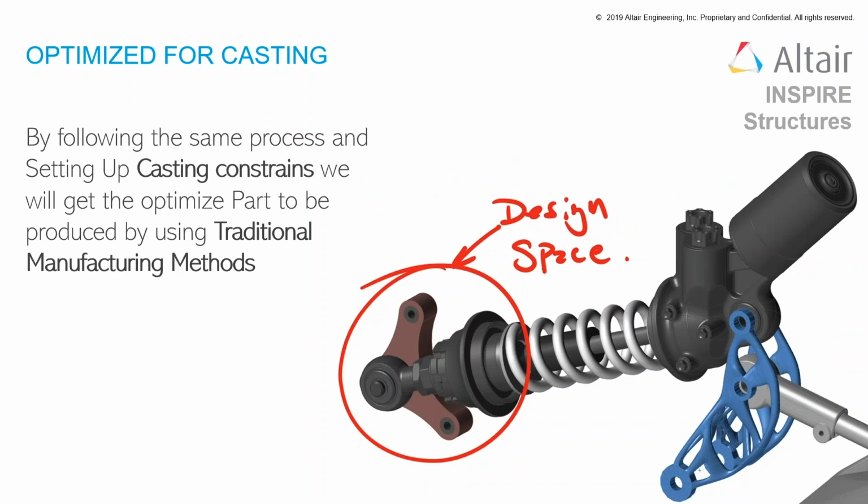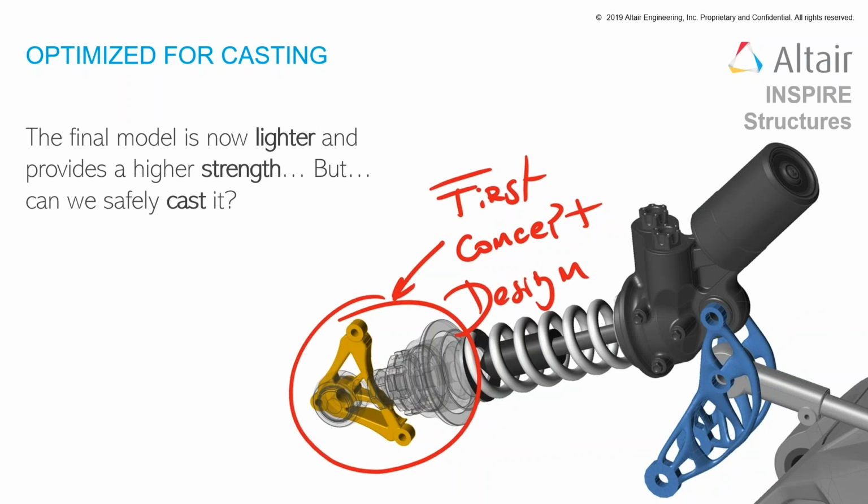But also, for the other part, we will use a casting process to produce it. So in this case, what we will do is create the design space and assign some manufacturing constraints to the optimization process for the casting manufacturing process. So this is the first concept design that the application will generate.